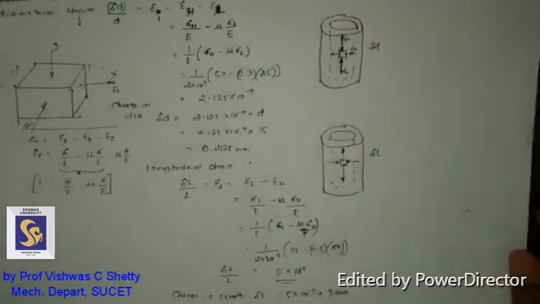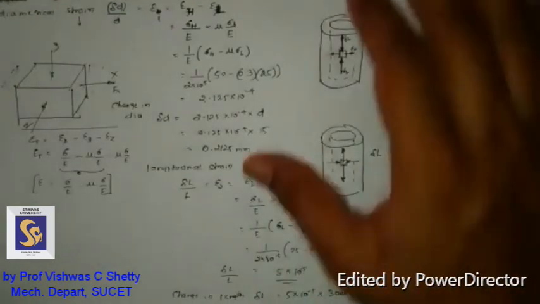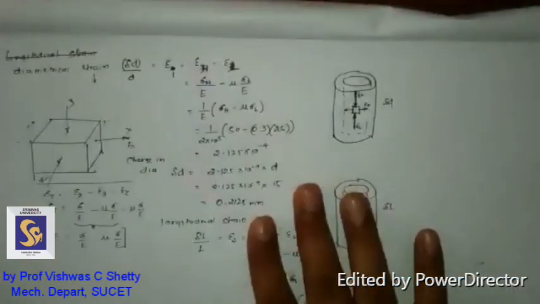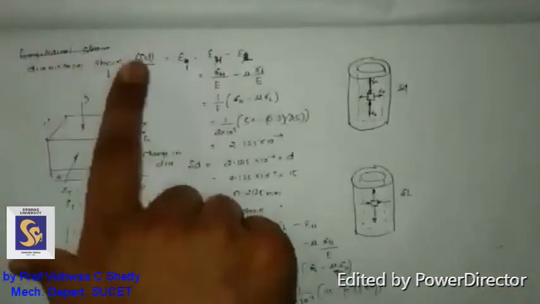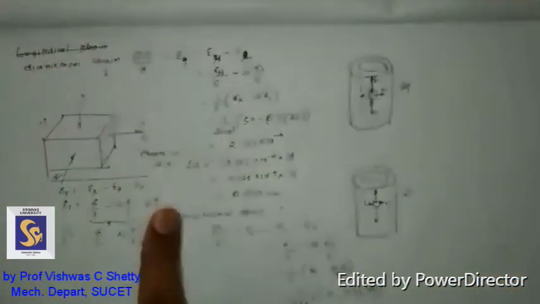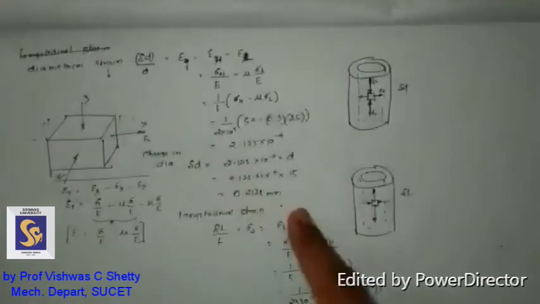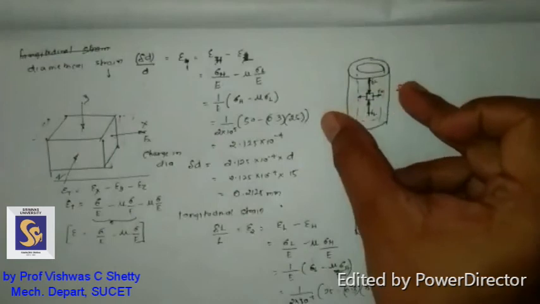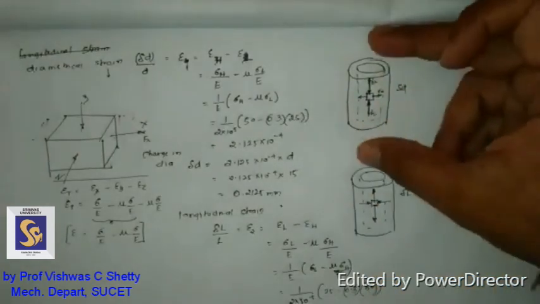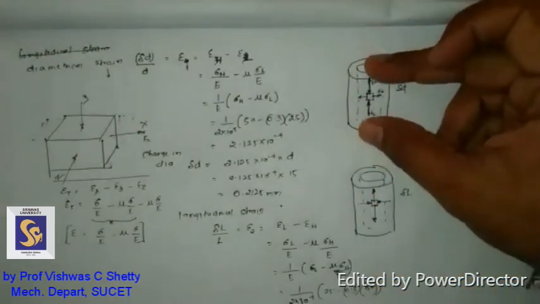So it is a very simple concept. First, diametrical strain. If they have asked to find the changes happening in the cylinder, first you have to take both diametrical strain and longitudinal strain. When you are considering diametrical strain, it is going to expand only diameter-wise, so in the other direction it is going to compress.